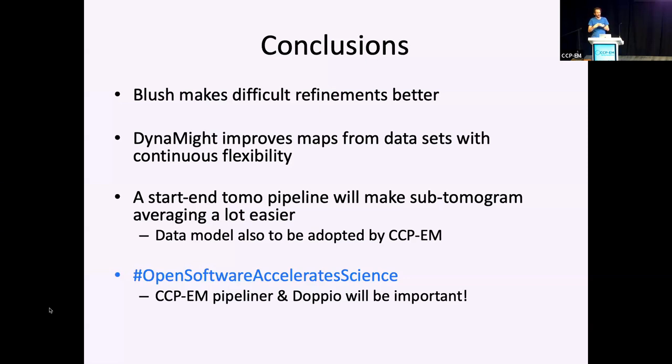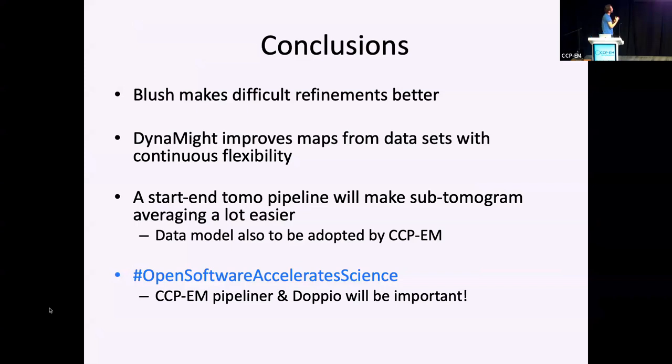We think those could serve as a kind of standard to speak to each other, and in that context, I think it's important to note that Doppio and the CCP-EM pipeliner will also adopt this data model for cryo-ET.